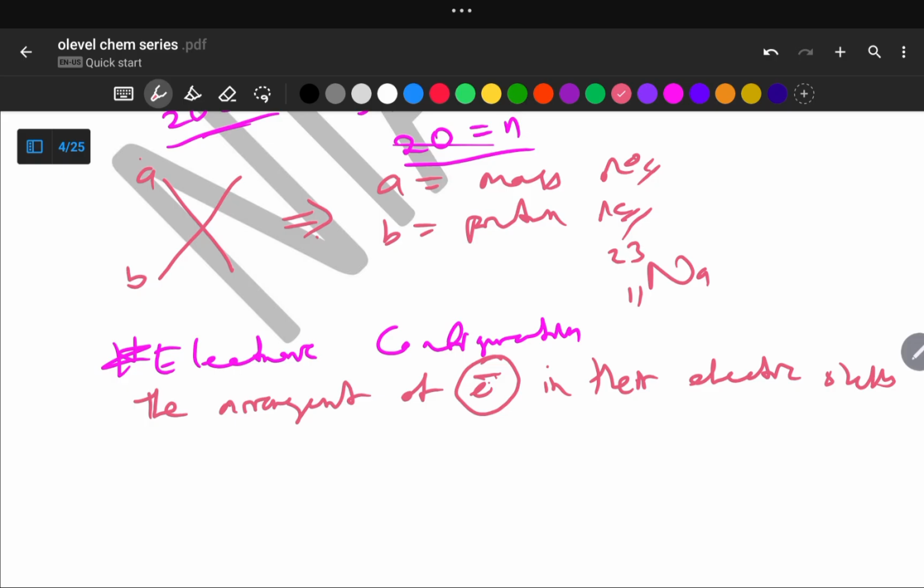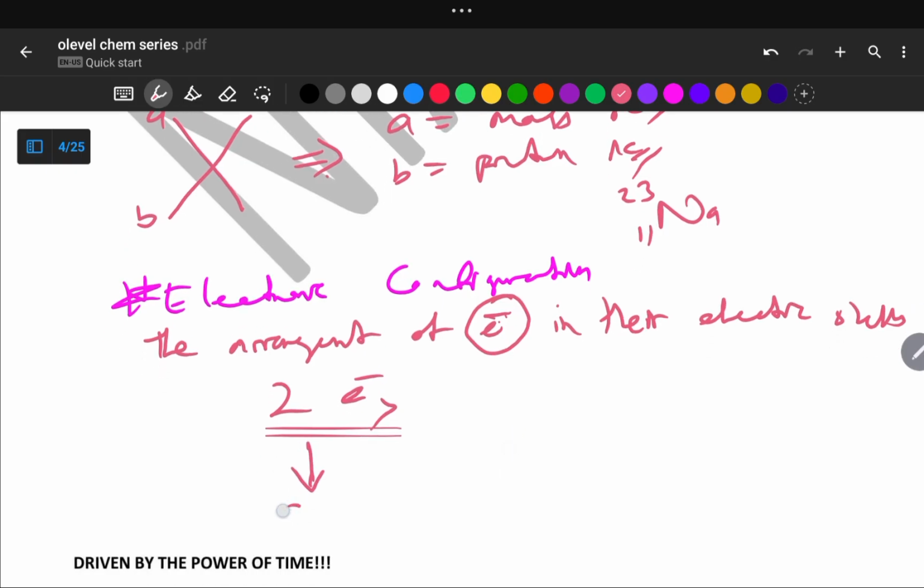So we have the first shell with a highest occupancy of 2 electrons. The first inner shell occupies a maximum of 2 electrons. And then all the other shells are going to have a maximum of 8 electrons.